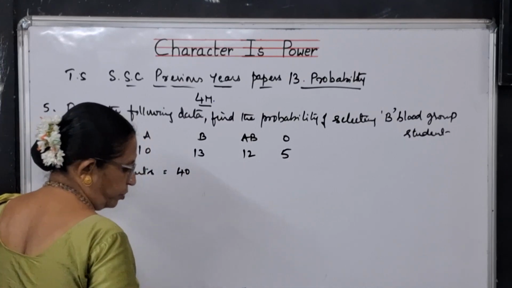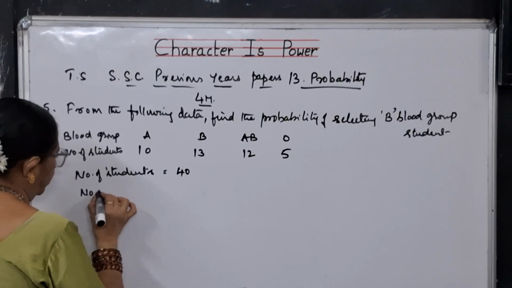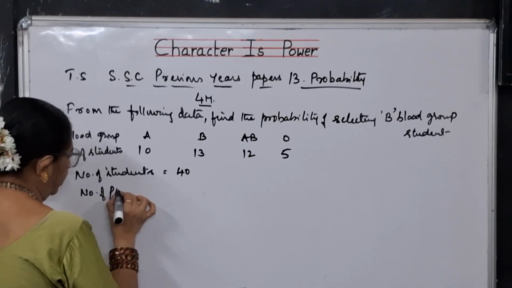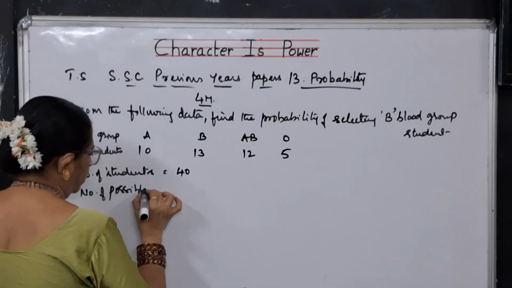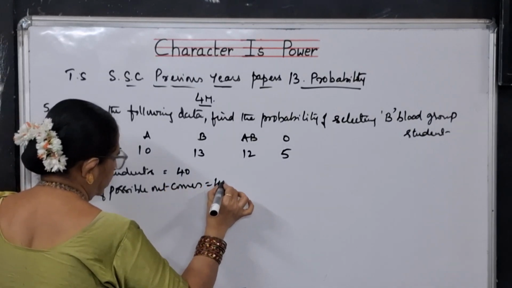Totally number of students are 40. So this means number of possible outcomes are 40.